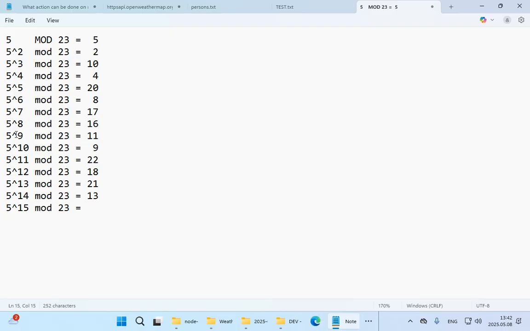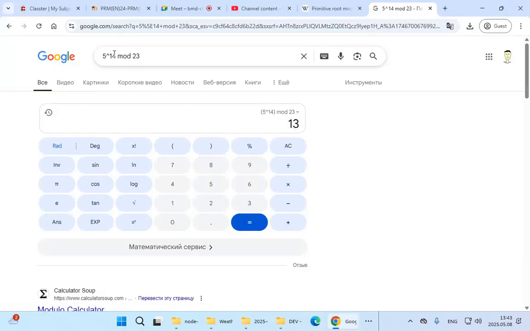It's 5 to the power of 9, and this made together will be 15. It's 88, divided by 23. How much will it be? 19? Maybe 19. If you take 15 here, it's 19, yeah.